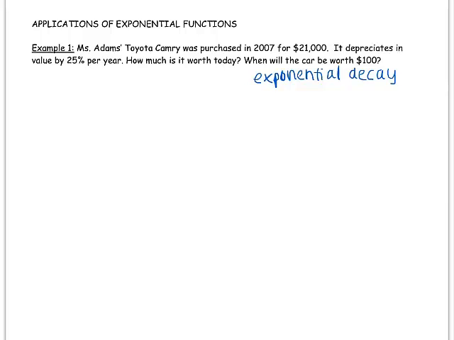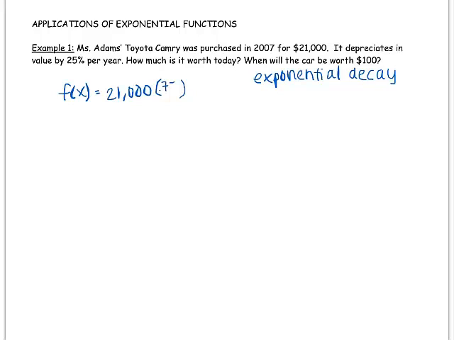So I want to come up with a decimal value for how that is decaying. So I'm going to come up with this model. Let's call it f of x. Now I'm going to start with 21,000. That's my principal amount, or what I started with. That's what the car cost when I first bought it. And since it's going down 25% per year, this is going to model what remains.